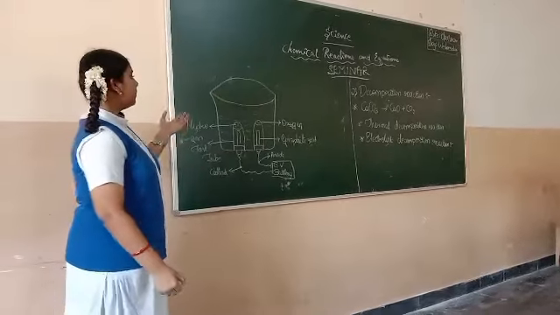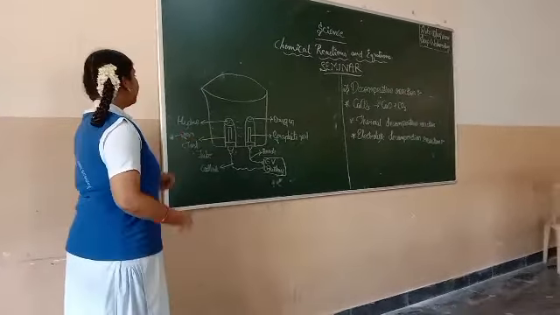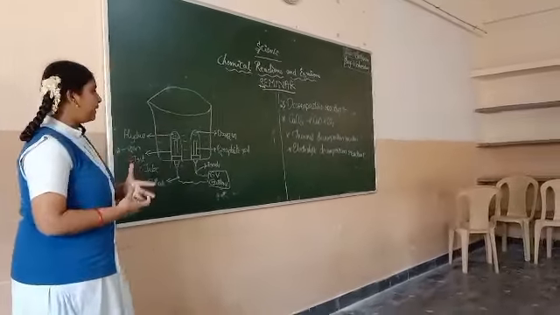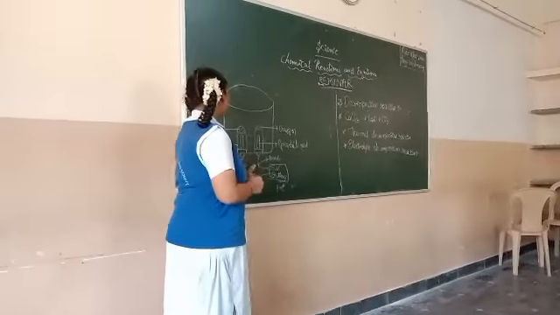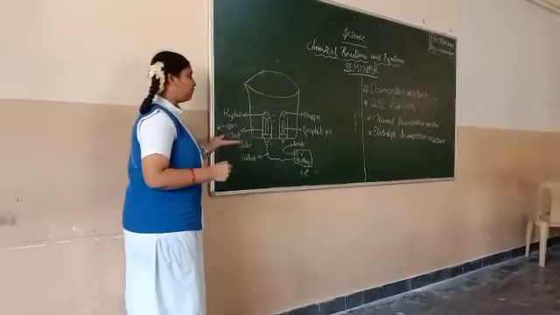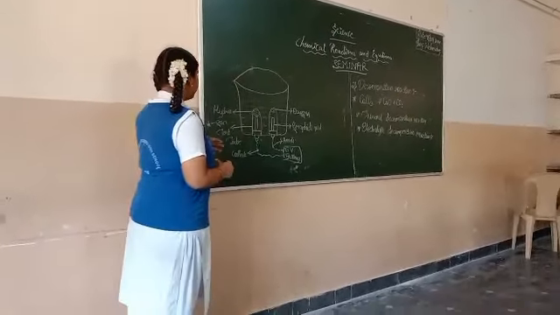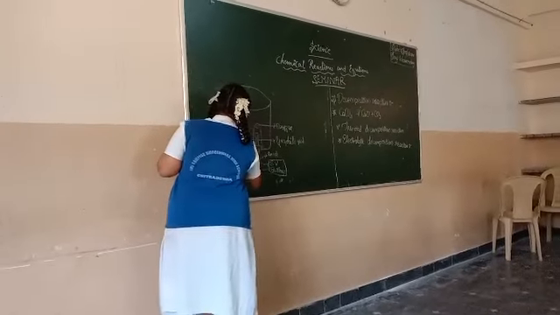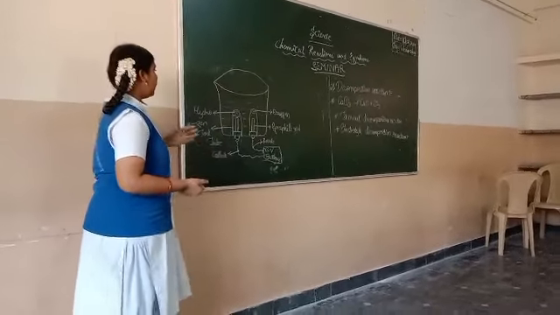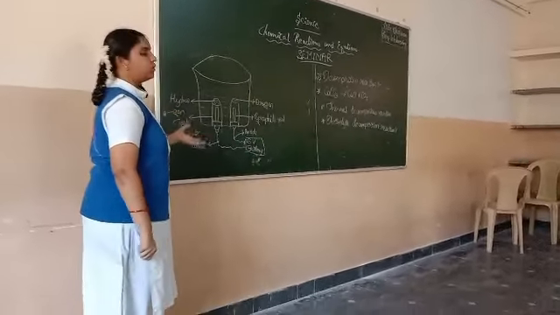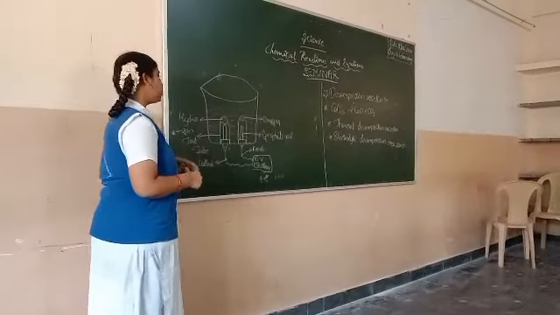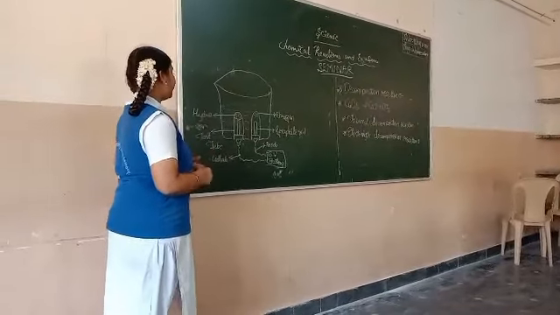In this reaction, we take a beaker. In this beaker we put water and two inverted test tubes, in which we put two graphite rods. The two graphite rods are connected to a 6 volt battery.